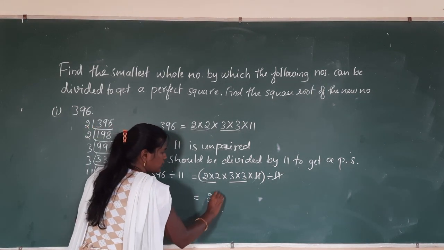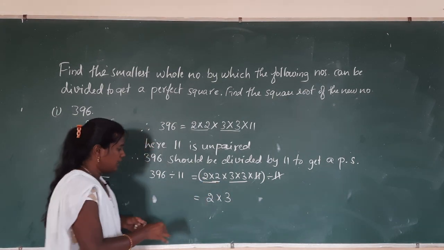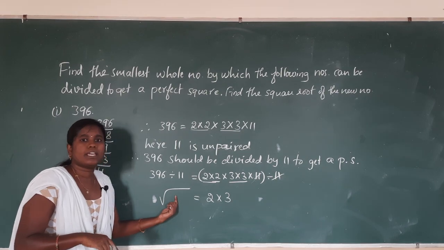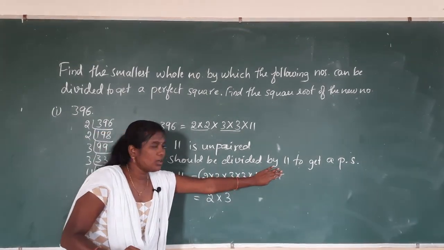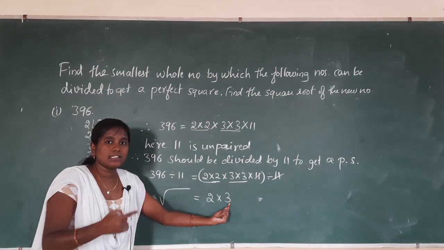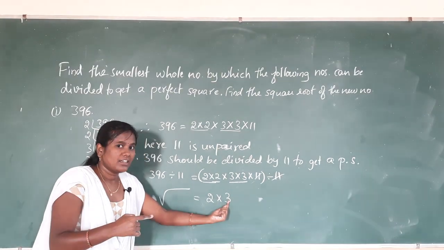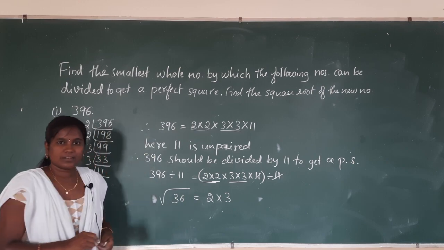Now it is 2 into 3. Why have I considered 2 into 3? Here I am going to get a number which is a perfect square, because 11 is removed. What is left? 2 and 3 are paired. 2 times 3 is 6. So what is the square of 6? Of course it is 36.